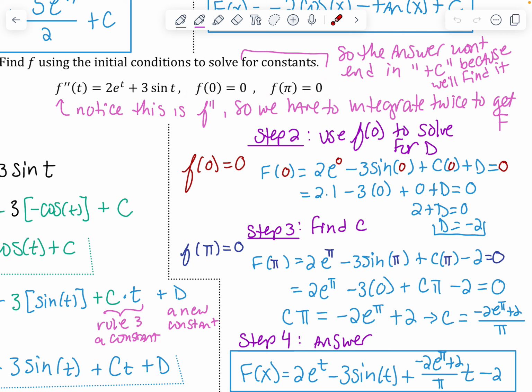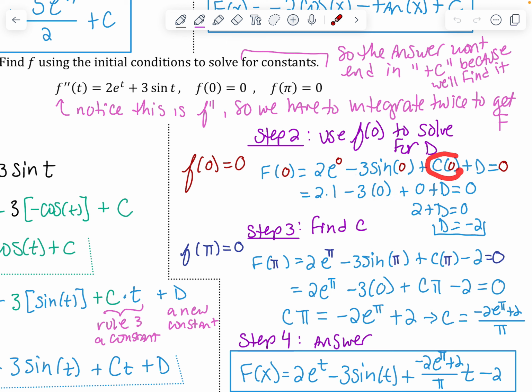Step 2, I've got 2 pieces of information. Usually when you have an input of 0, you want to use that first because it's going to knock out a lot of the math. I'm taking that answer I just got, and wherever t was, I'm putting a 0. And in this case, it equals 0. Maybe it equals 17, I don't know. But in our case, it equals 0. Don't forget, anything to the 0 power is 1. So I just have a 2 here. The sine of 0 is 0.